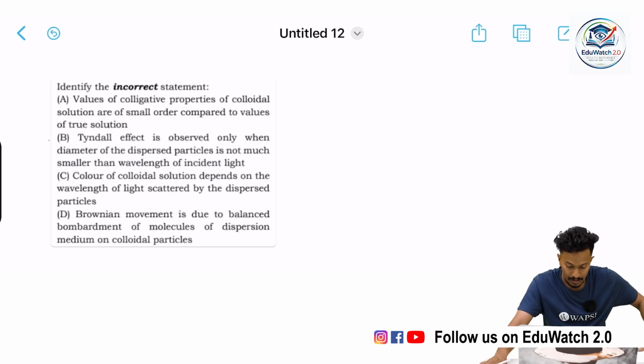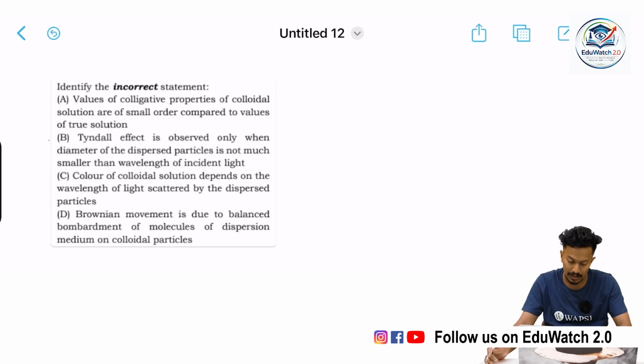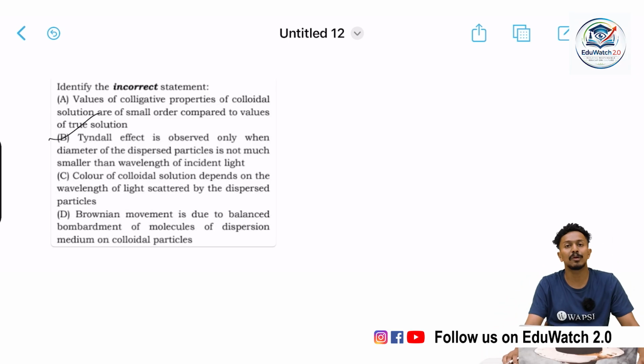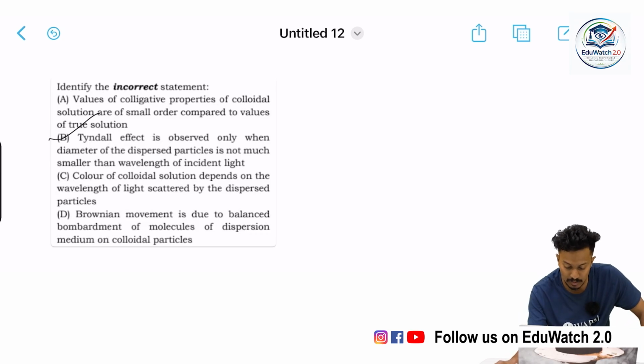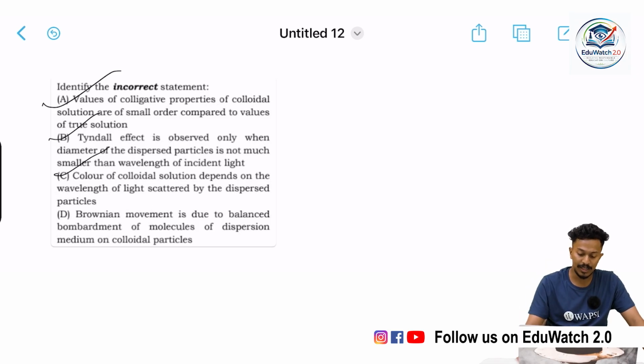Well, Tyndall effect is observed only when diameter of the dispersed particles is not much smaller than the wavelength of incident light. That is true actually. Tyndall effect cannot be observed in such cases. Values of colligative properties of colloidal solutions are of small order compared to the values of true solution. That is also a true statement. Color of colloidal solution depends upon the wavelength of light scattered by the dispersed particles. It's true actually.